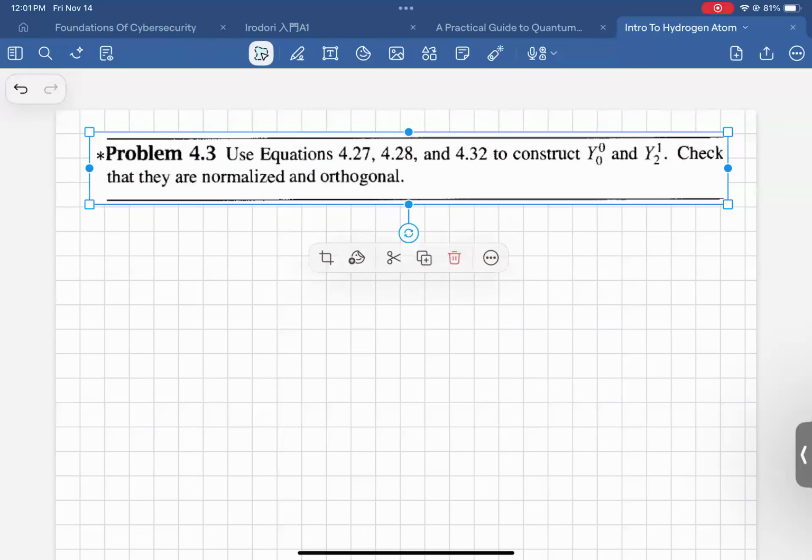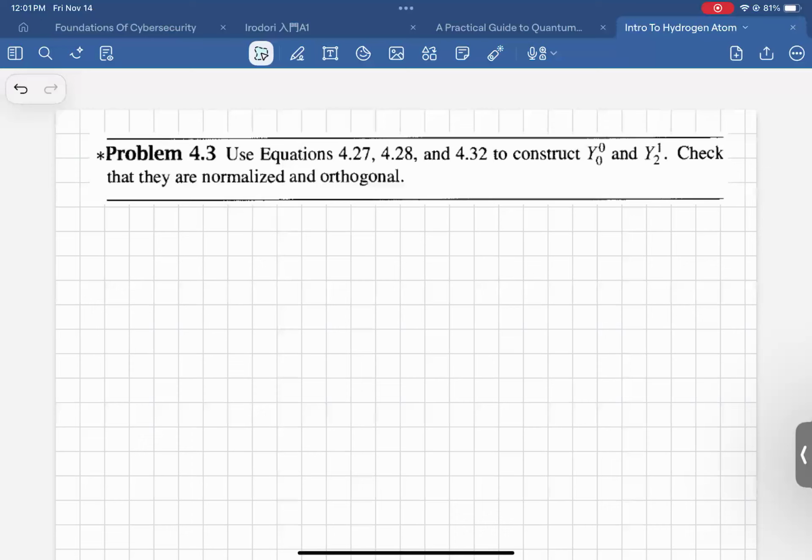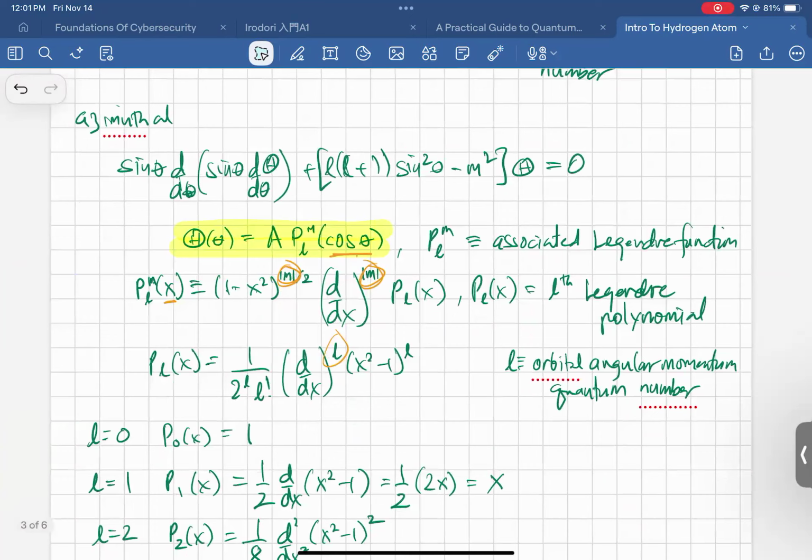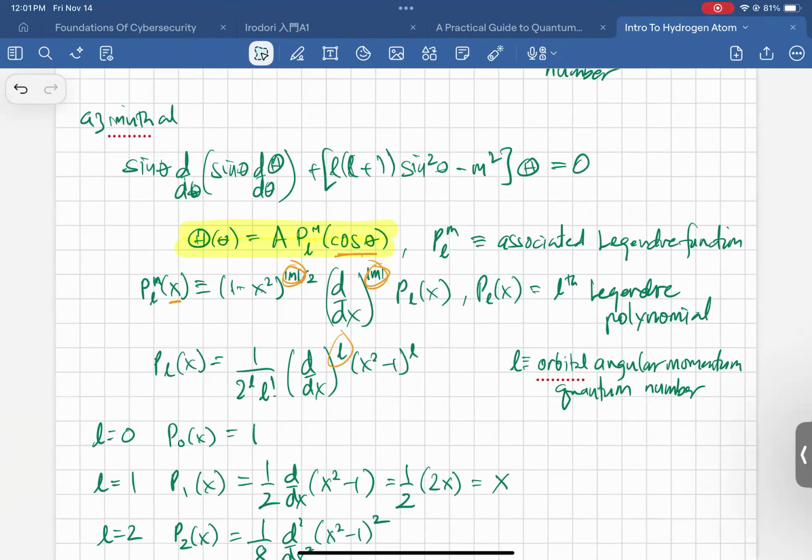Problem 4.3: using equations 4.27, 4.28, and 4.32, construct Y00 and Y21. So ano muna ang 4.27? Para lang klaro, etong Legendre polynomial, Legendre function, yun yung equation 4.27.